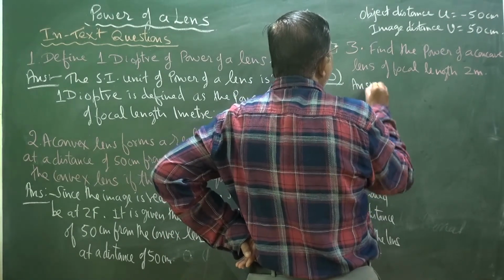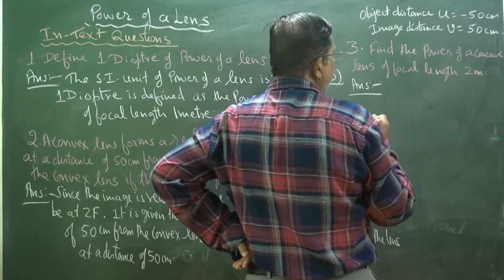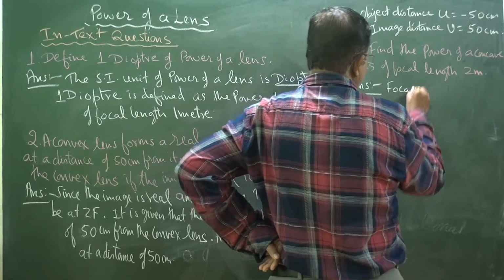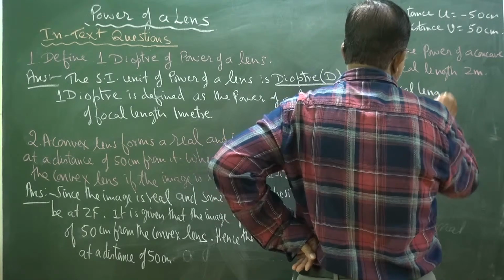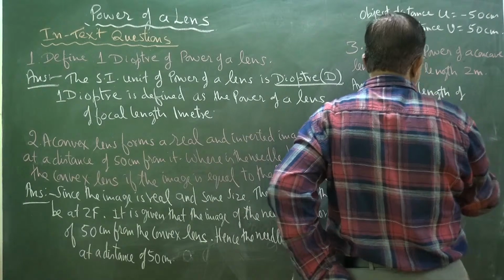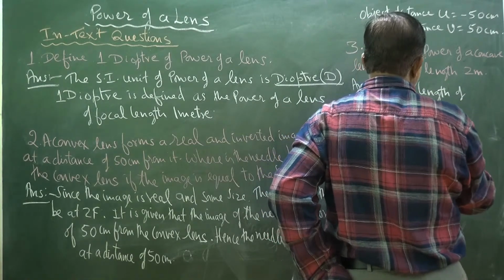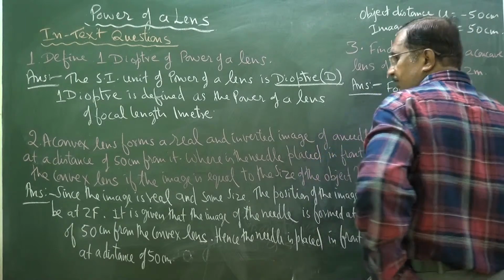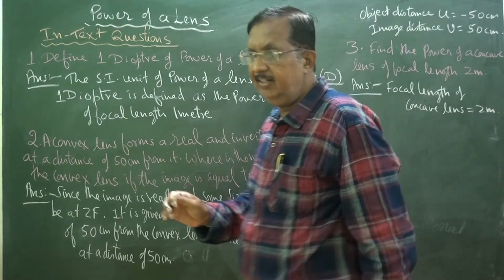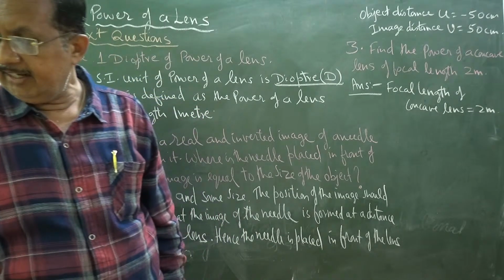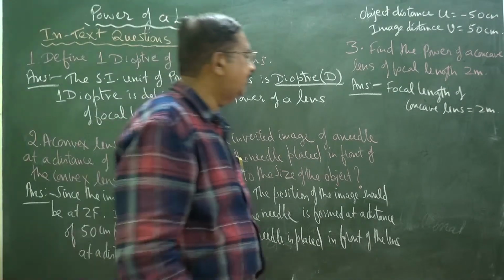Answer. Focal length of concave lens is equal to 2 meter. Now, power of the lens.